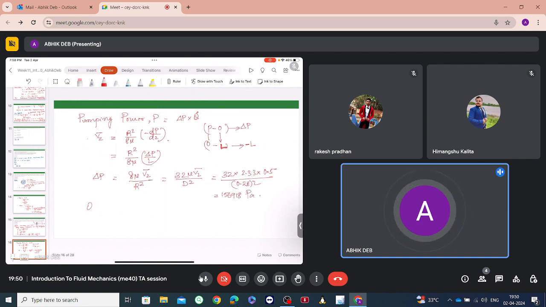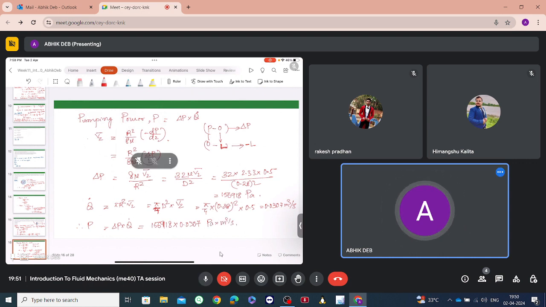And this discharge Q is equal to pi r square into Vz average, or pi by 4 d square into Vz average. So this is pi by 4 into 0.28 whole square into 0.5, which comes out as 0.0307 meter cube per second. Therefore, the power required is delta P into Q dot. This is 156,918 multiplied by 0.0307 Pascal into meter cube per second.